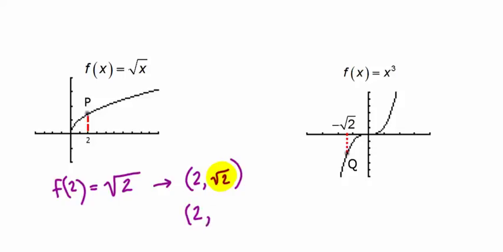So what I would do is hit pause on the video, take out your calculator, and calculate the square root of 2. When you're ready to check your answer, press play. So what you should have found is that the square root of 2 is approximately 1.414.